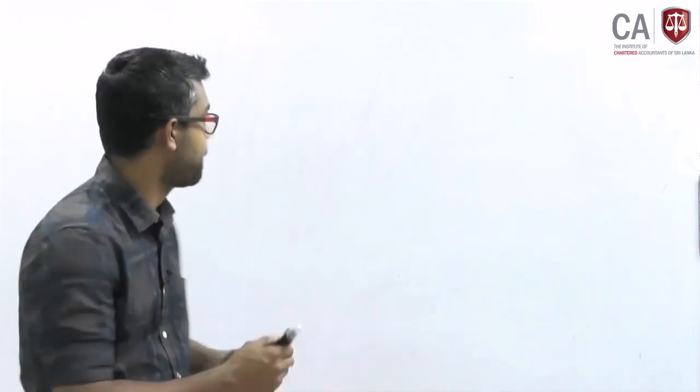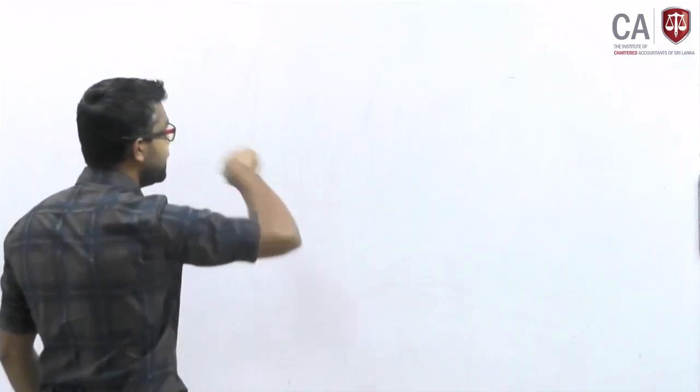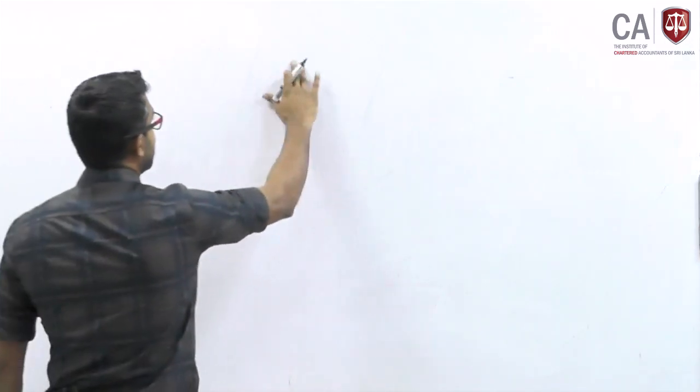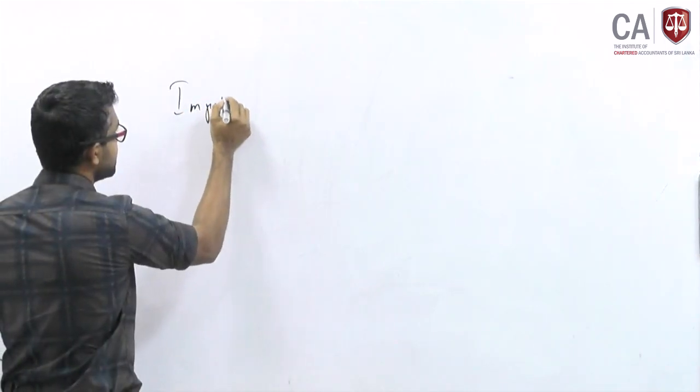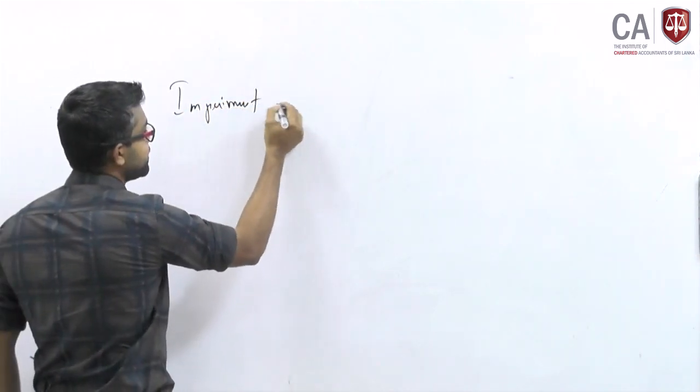Impairment means the excess of the carrying amount over the recoverable amount. Let me use a simple example to explain this.